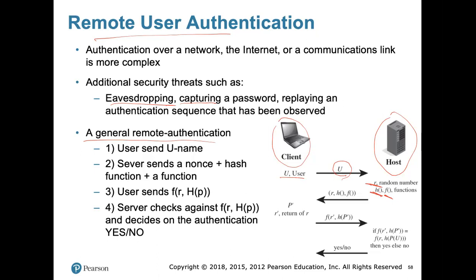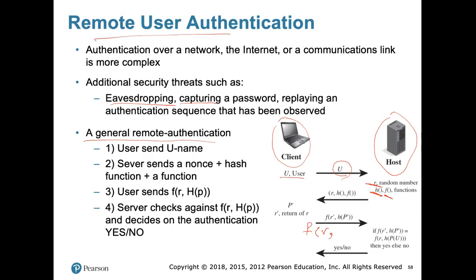The user is supposed to calculate f of this value R, this random number or the nonce, and his password. The user doesn't send the password.